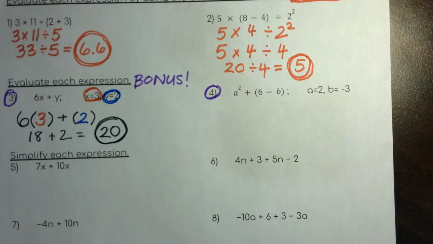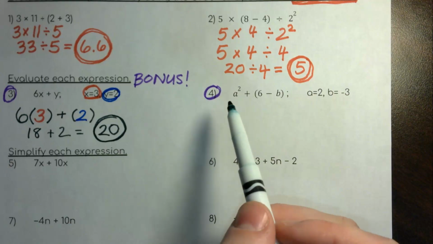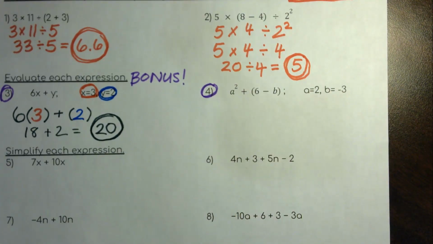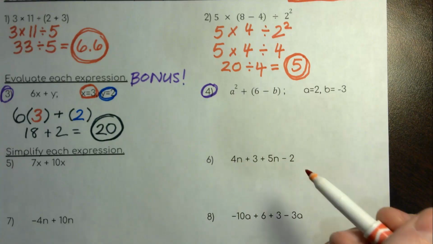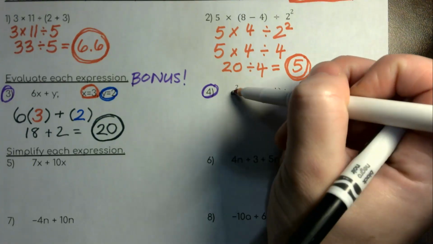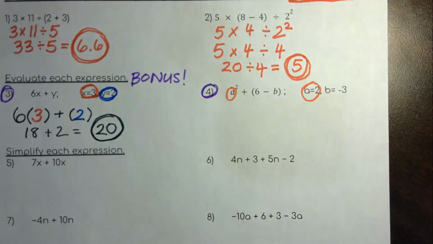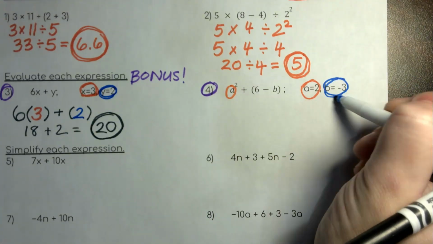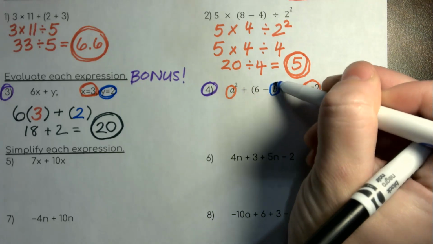All right. Number 4, we have the same type of question, except this time our variables are just different letters. Instead of x and y, we have A. I'll circle that. And we have B. So we're going to do the same thing.